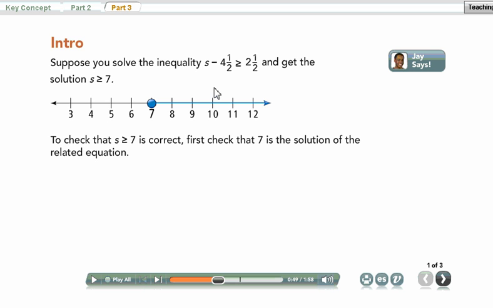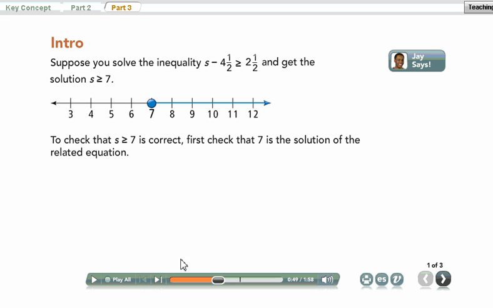So they want us to check to see if I put 7 in and we subtract 4.5, is it in fact either equal to 2.5 or greater than 2.5? If I put that in, I do find that 7 is going to be an acceptable answer, that 7 minus 4.5 is actually going to give me 2.5, so that is equal and that's acceptable.